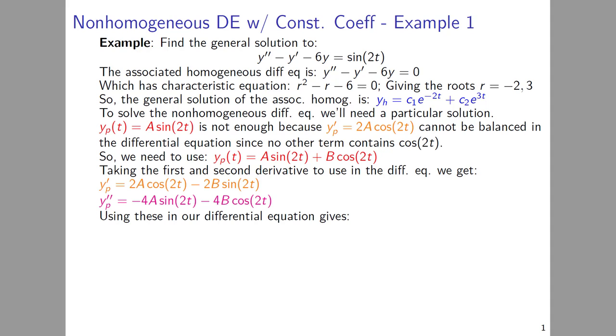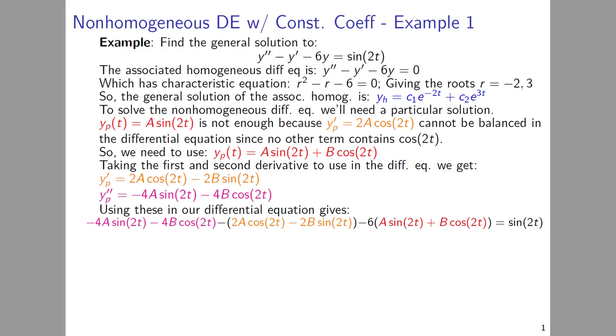Using these in our differential equation, we get -4a sin 2t - 4b cos 2t from y_p'', minus (2a cos 2t - 2b sin 2t) from minus y', minus 6 times y, which is a sin 2t + b cos 2t. And this all must be equal to sin 2t.